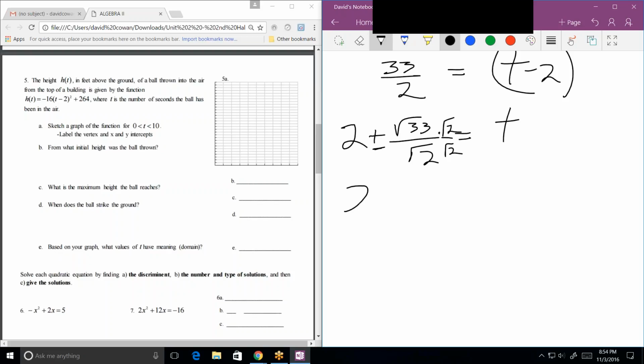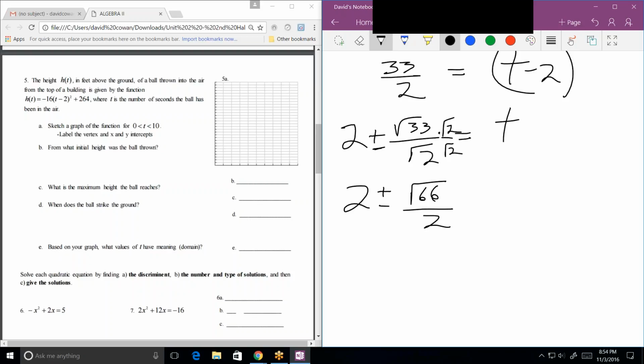Now I've got 2 plus or minus root 66 divided by 2. Now, can root 66 be divided by a perfect square number? No, it cannot. It's not divisible by 4 or 9 or 16 or 25.